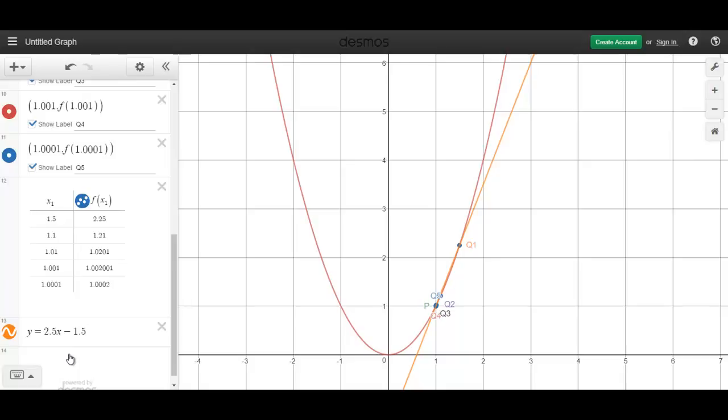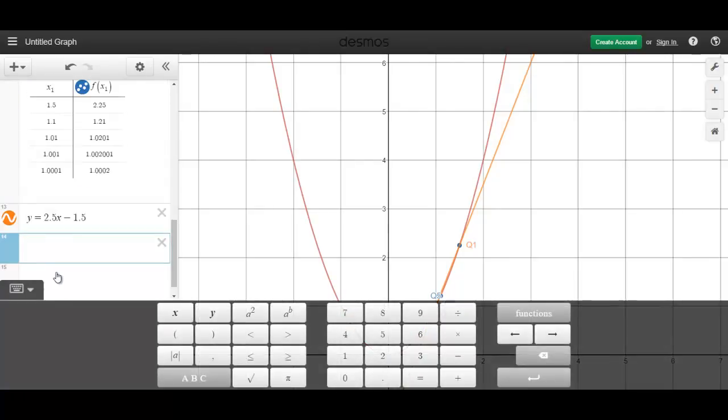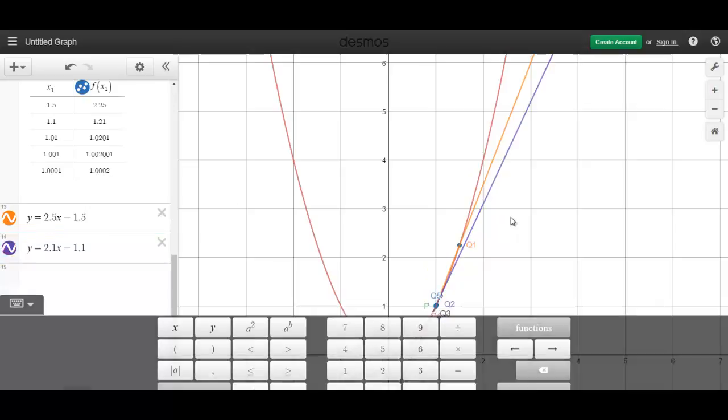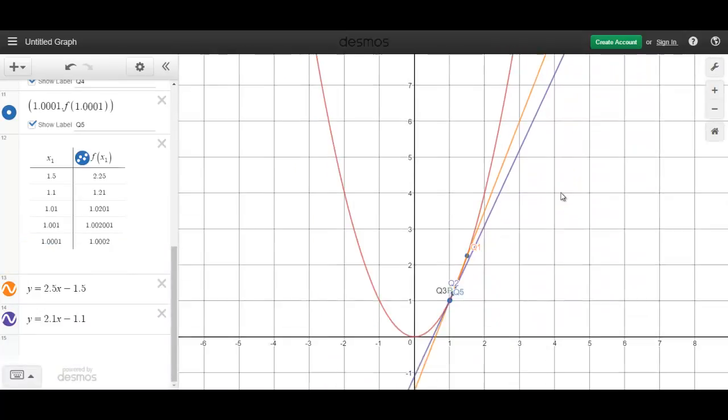P is still 1, comma 1, and we're using Q2 this time, which is 1.1, comma 1.21. The equation of that line is y equals 2.1x minus 1.1. So there is a little bit better of a secant line.